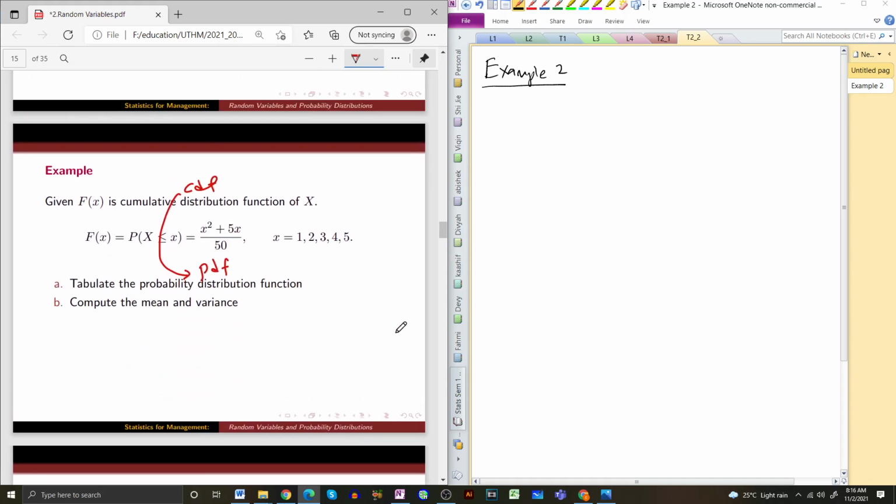So let us do this. First of all, I'm going to expand this as a function. If I substitute 1 inside here, I'm going to get 6 over 50.